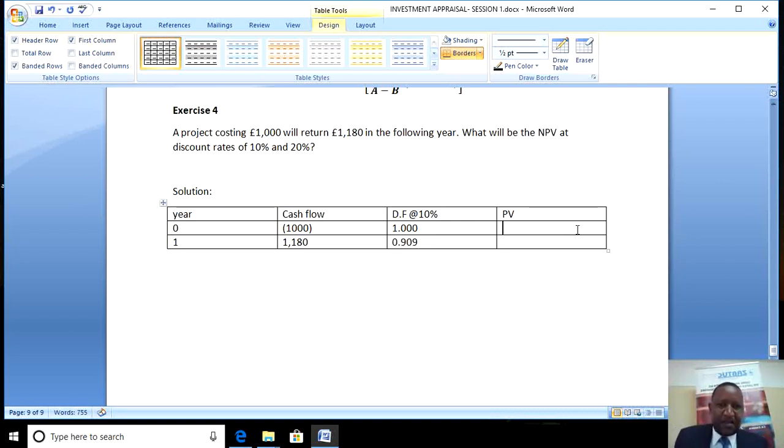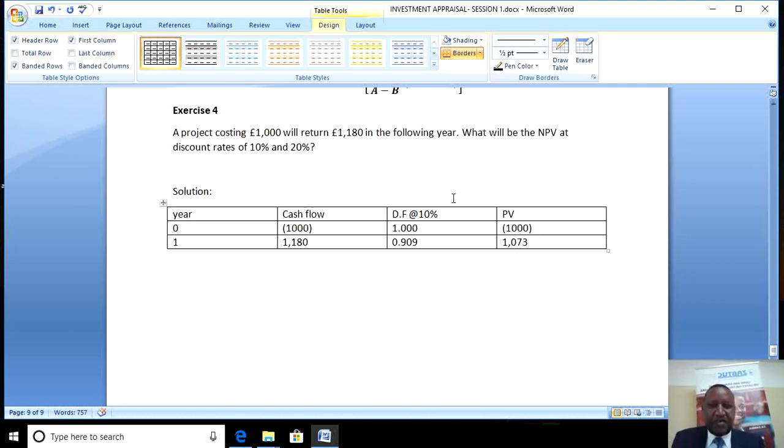So multiply the 2 figures, you have a cash outflow of 1,000. And what will be the cash inflow? So 1,180 multiplied by 0.909, that should give you 1073.